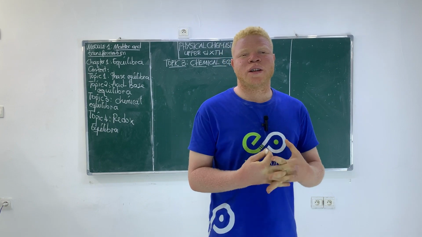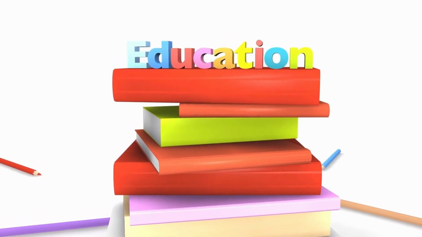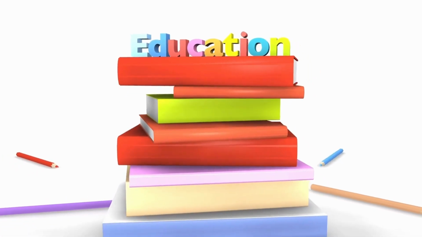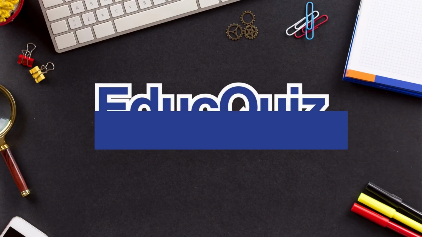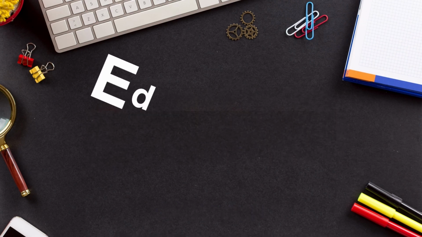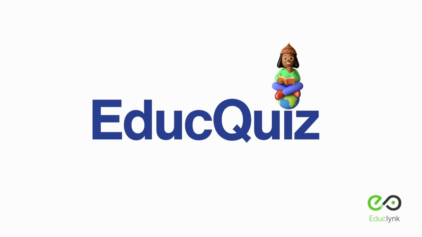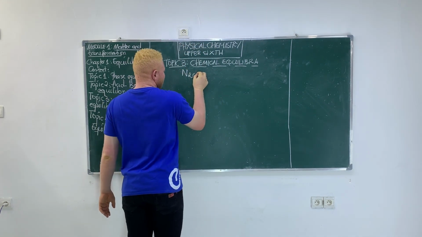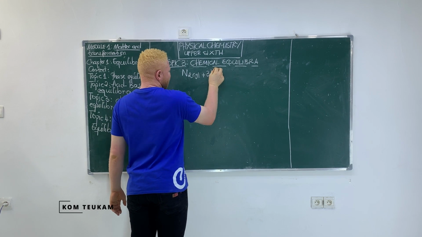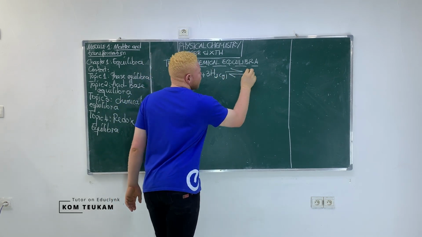Consider the reversible reaction below. The reaction has N2 gas plus 3H2 gas giving 2NH3, ammonia.